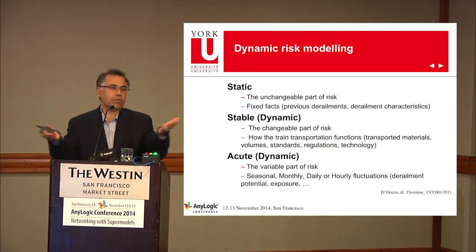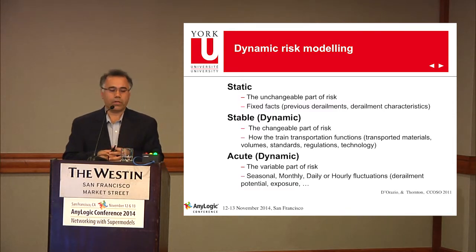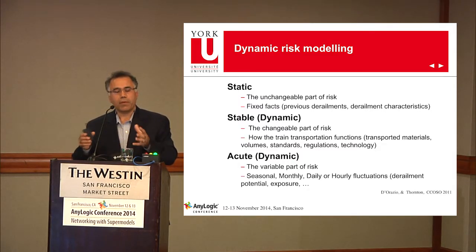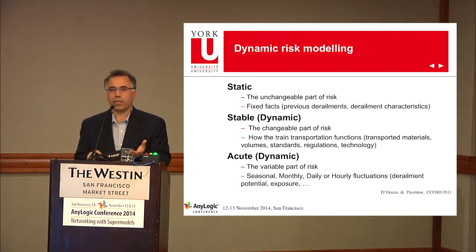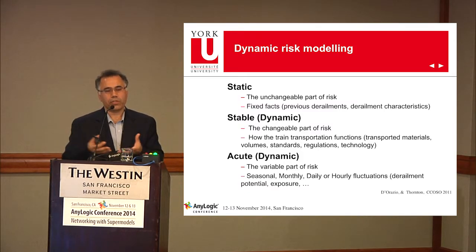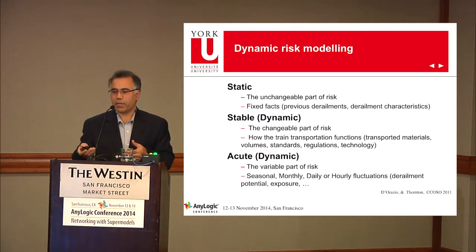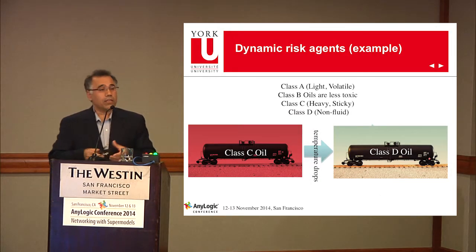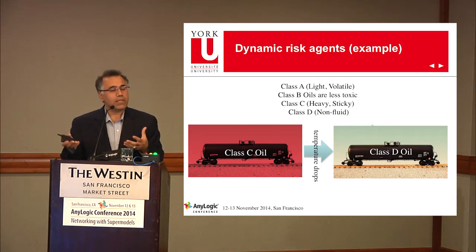Of course, most of you, I'm sure, are aware of what types of variables we have in such analysis. Some of them are static, some of them are semi-dynamic, and some of them are really dynamic. So we want to model a situation where some of our variables are really dynamic.